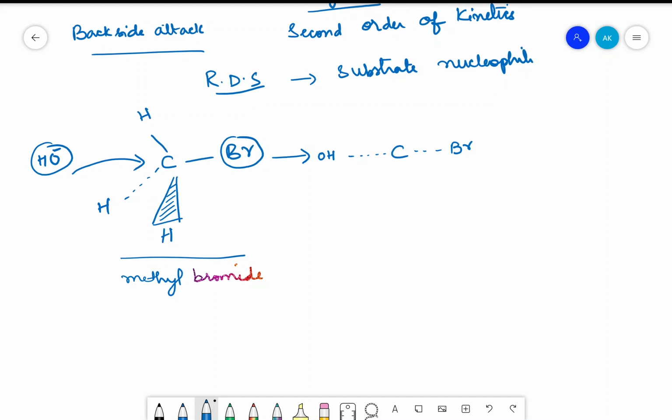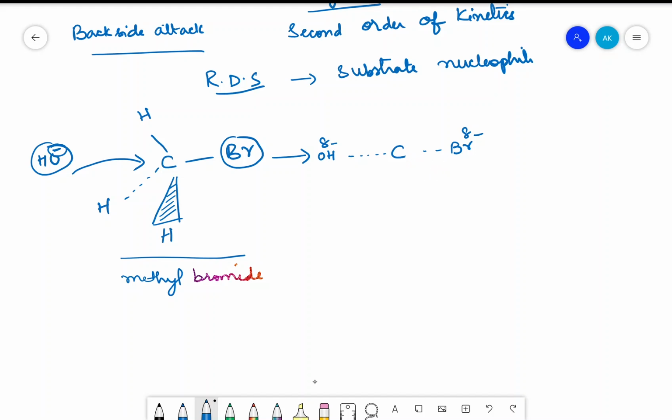The hydroxide ion will have a partially negative charge because it has started to share its electron with the carbon. It was previously fully negatively charged. The bromide also carries a partially negative charge because it has started to take its electron share from the carbon atom. So it is trying to take the electron share, that is why it is partially negatively charged.